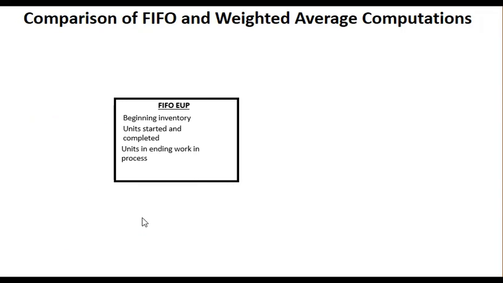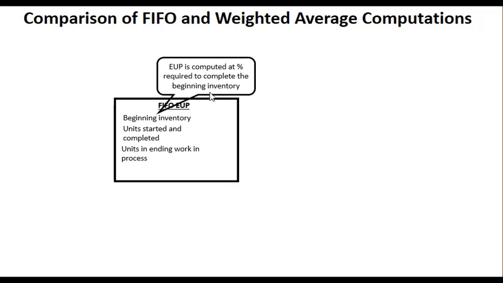Now if we compare FIFO versus weighted average, and these are fairly simple comparisons, and I'm not using any dollar amounts. But again, when we do FIFO, when we do our computation, we have a beginning inventory, we have units that are started and completed, plus we have units in ending work in process. Those are the total units that we need to account for under FIFO.